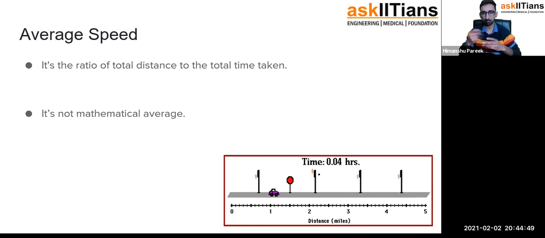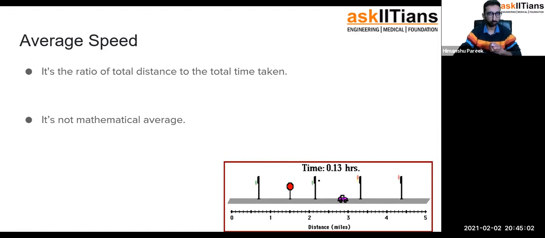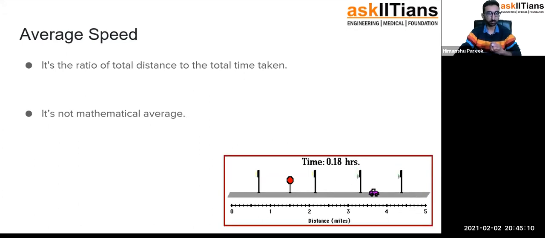In average velocity, one thing will be changing. First of all, what is average speed? Why do we calculate the average speed? What does it help you with? And what is the significance of it? All such questions we will be answering now, right? So try to understand this.